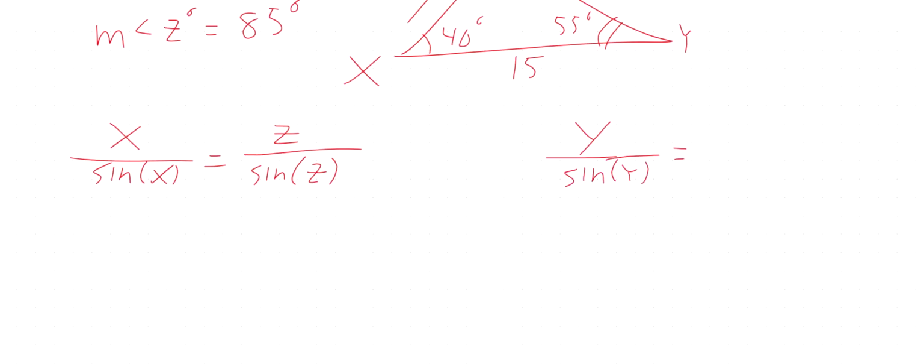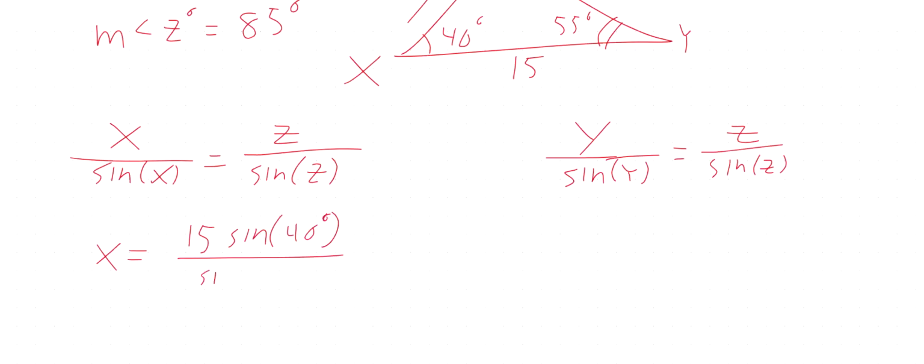So that's 15 sine of 40 divided by sine of 85.